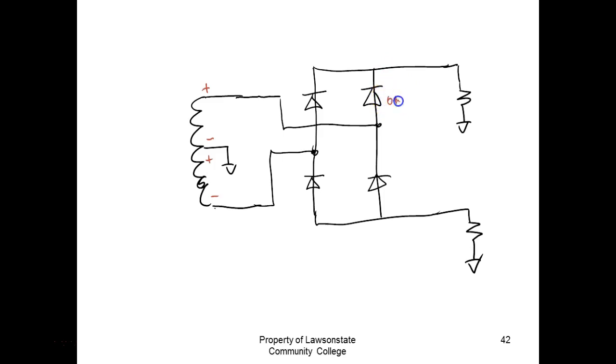this guy's going to be on, right? So current flow would leave here, do what? Which one? So this one's off, right?